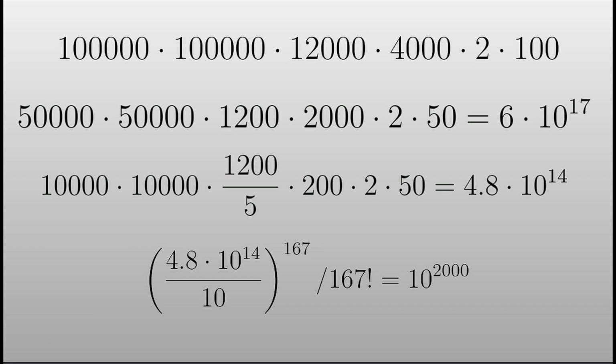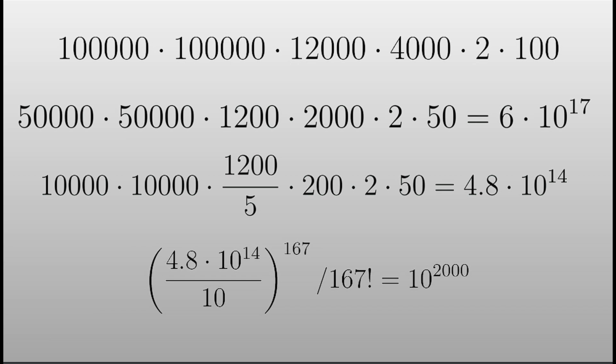This equals 10,000 times 10,000 times 1,200 fifths times 200 times 2 times 50 equals 4.8 times 10 to the power of 14. Now since we have 167 subunits, we get 4.8 times 10 to the power of 14, to the power of 167, divided by 167 factorial, equals 10 to the power of 2,200 possible prompts/paintings.